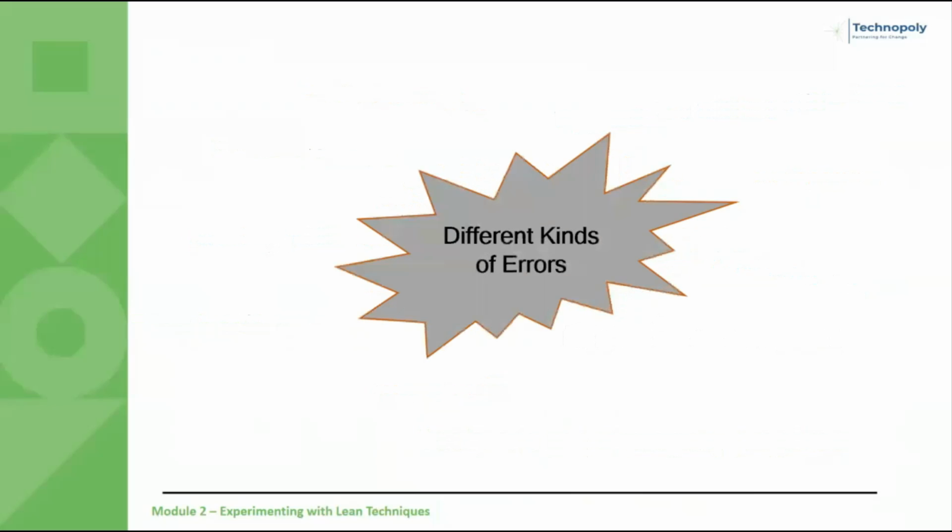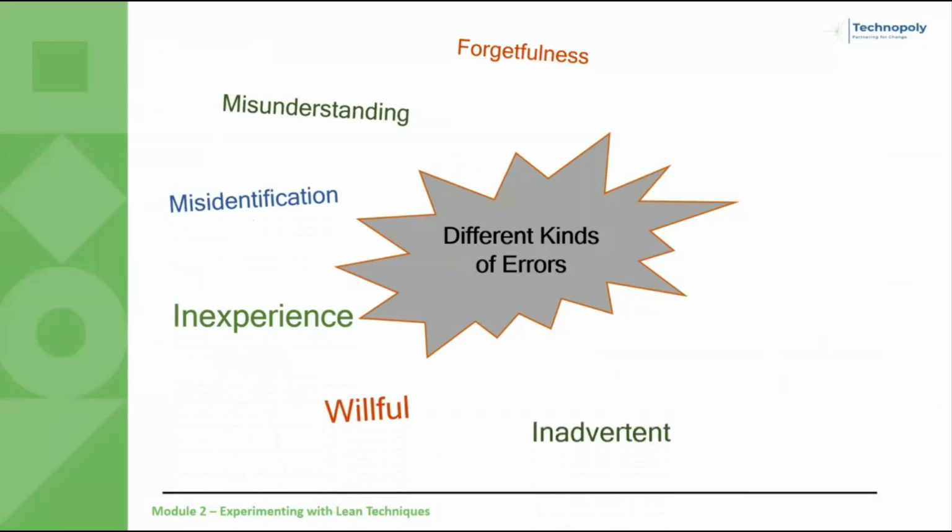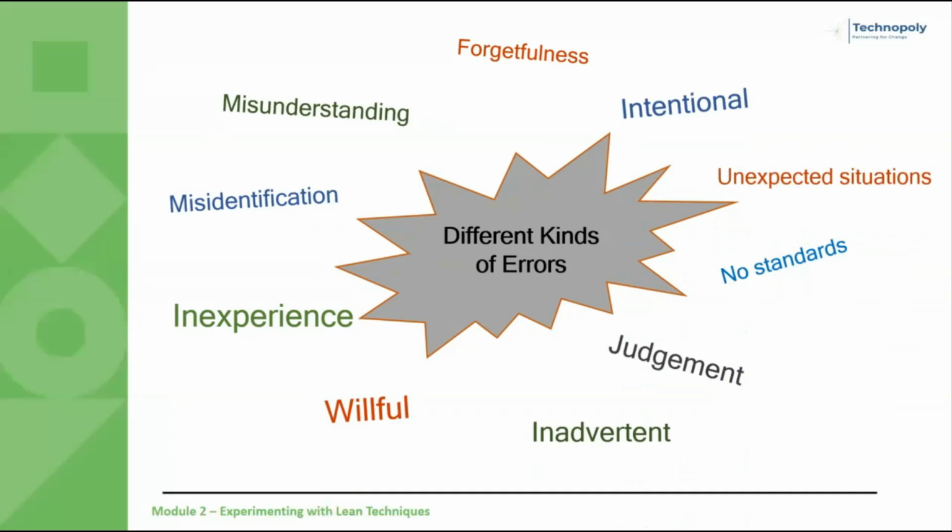Aside from sources of defects, there are also different kinds of errors such as forgetfulness, misunderstanding, misidentification, inexperience, willful, inadvertent, judgment, no standards, an unexpected situation, or even intentional.